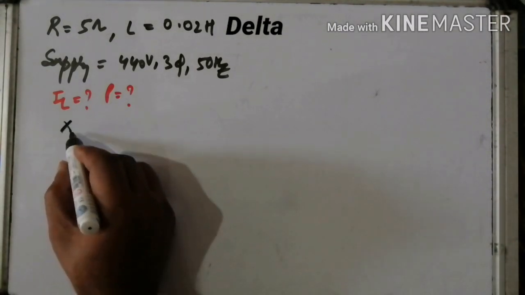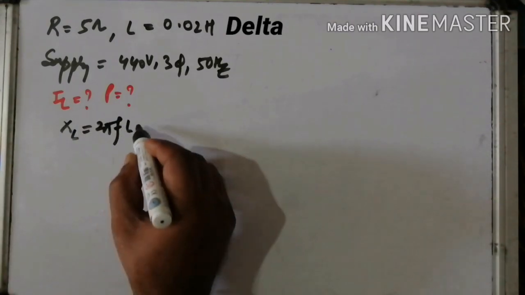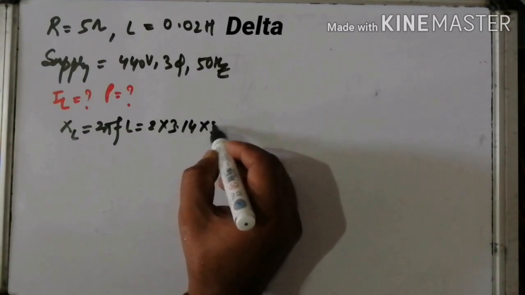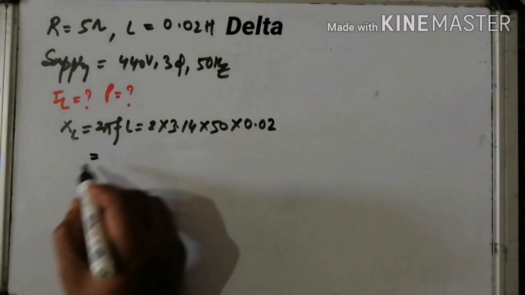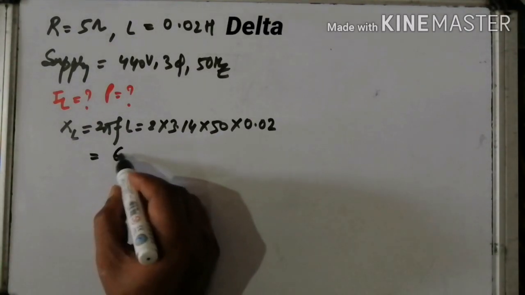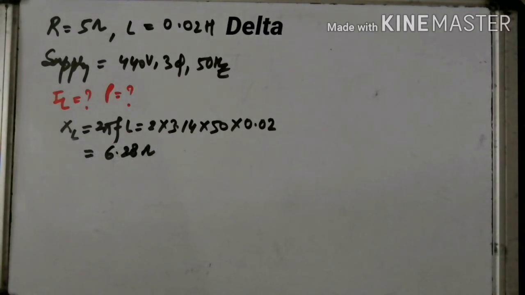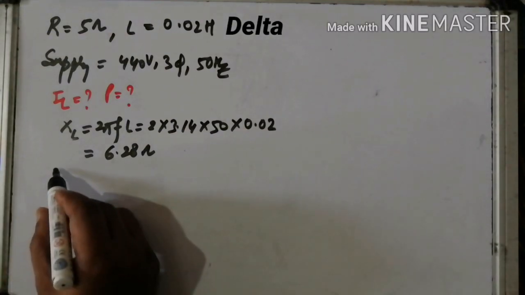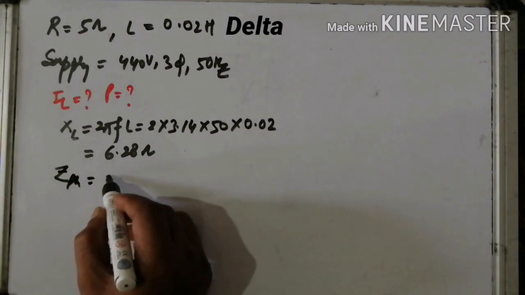Okay, first of all calculate XL, which is nothing but 2 pi FL. 2 pi F and L. After this it is 6.28 ohm. Okay, with the help of XL and R we can calculate impedance per phase, right?